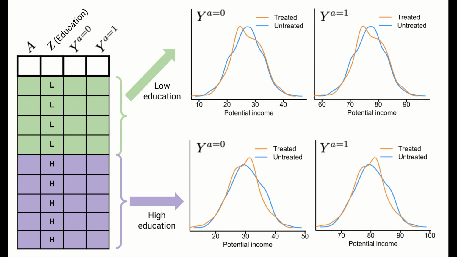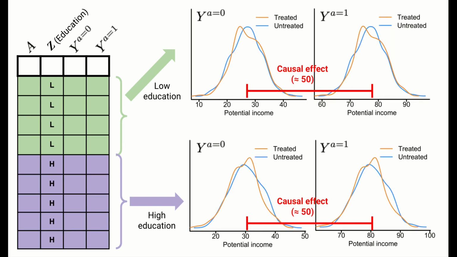Now, within these subsets of the data, these distributions don't differ between the untreated and treated. The observed data accurately represent the missing data. So the difference between the distributions in each education stratum is a stratum-specific causal effect.